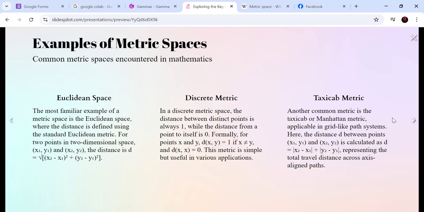So these are common examples of metric spaces.